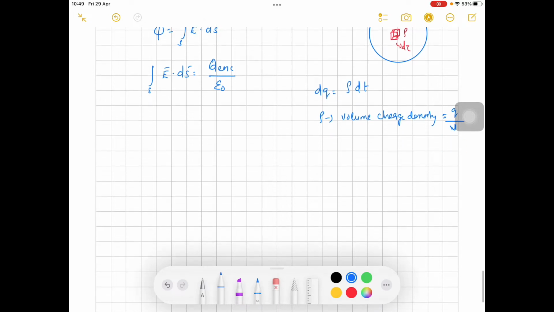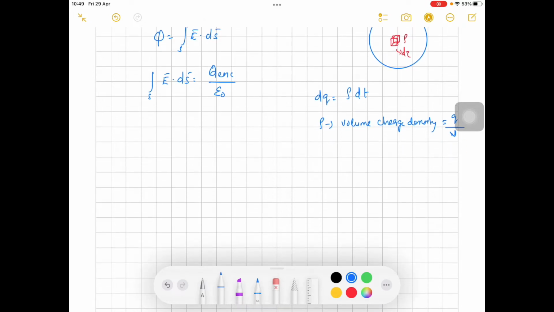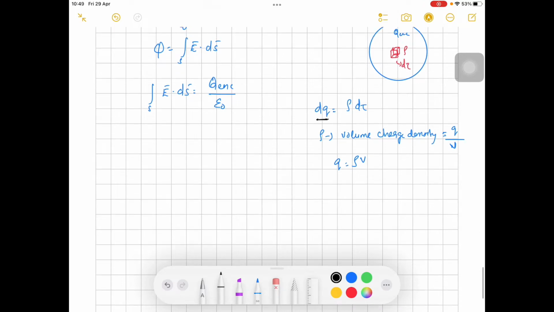Here I wrote d tau dt instead of d tau. Here we can see that q is equal to rho into v, that is charge density into volume. This is the same sense we have written in the above equation. Dq is a small charge within this volume element. Rho is the volume charge density, d tau is the volume of that small volume element.